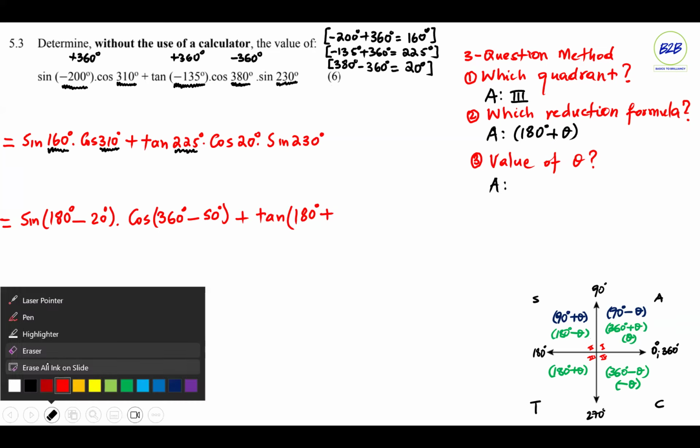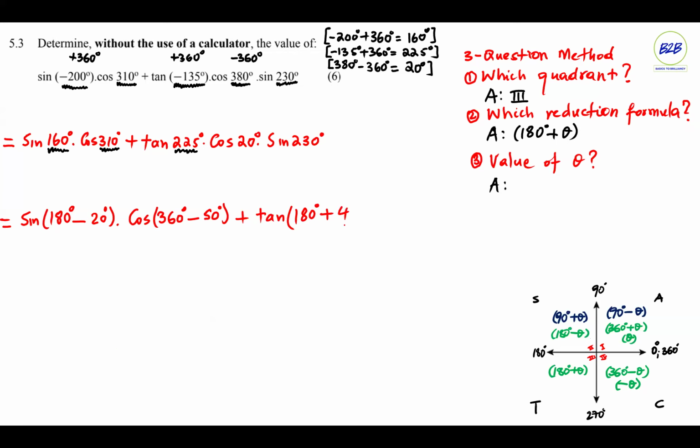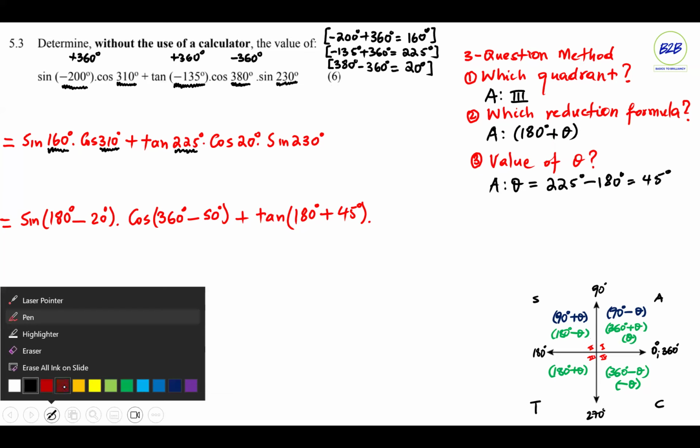And that, folks, is 45 degrees. So the value of theta, therefore, is 45 degrees. How do you get that? You say in your calculator, 225 degrees minus 180 degrees, and you should get 45 degrees.